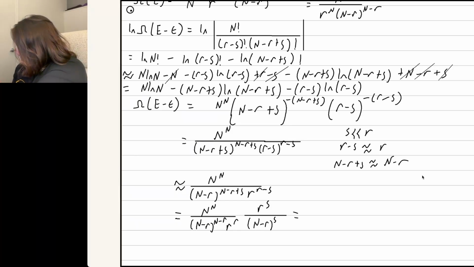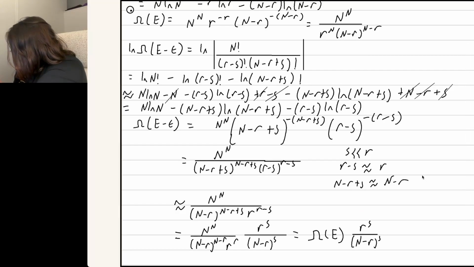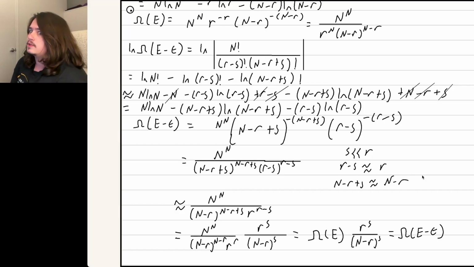Okay. The first term is exactly equivalent to what we got before for omega e, and we're left with just the n minus r to the s. That is the new amount of arrangements after the change in energy.